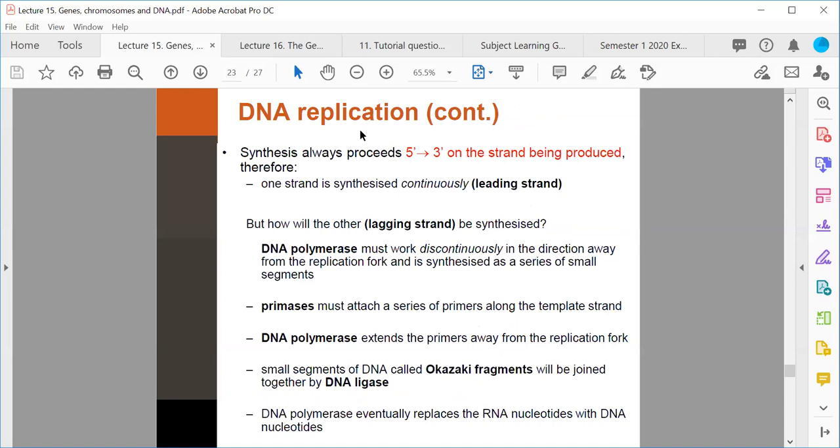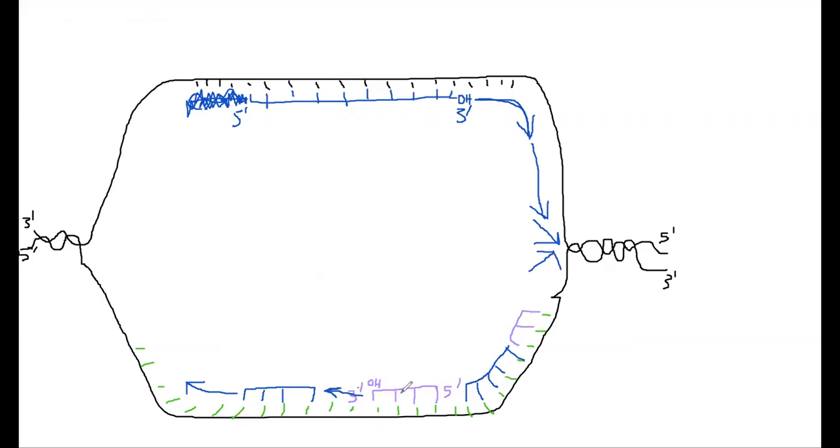Okay, the multiple primers. Are the multiple primers 5 to 3 or 3 to 5? Okay, so here's the primers here. And they go from 5' on this end of the primer to 3' here.